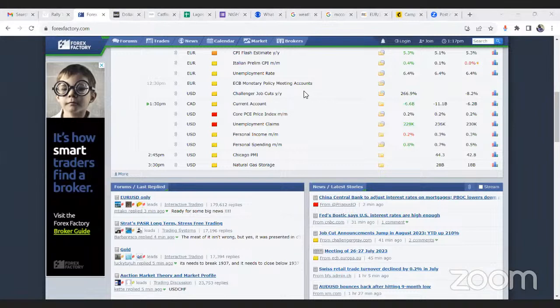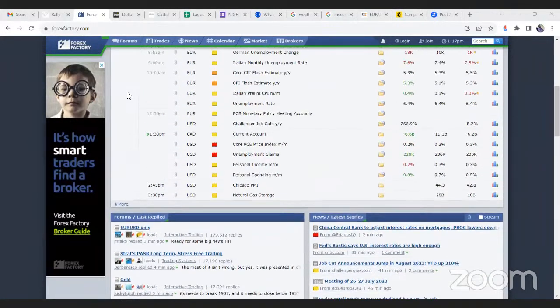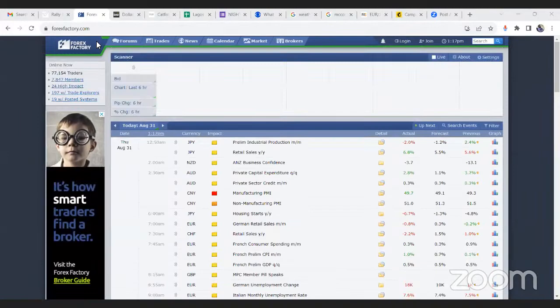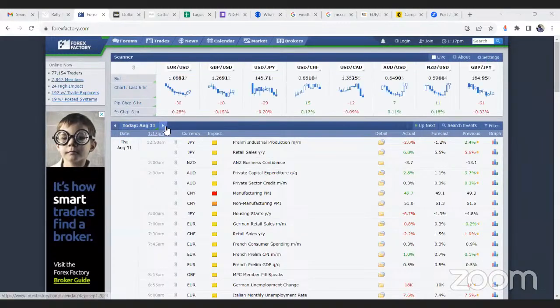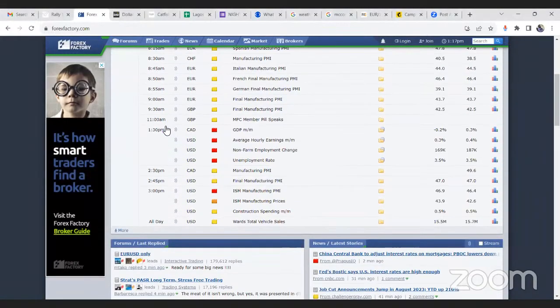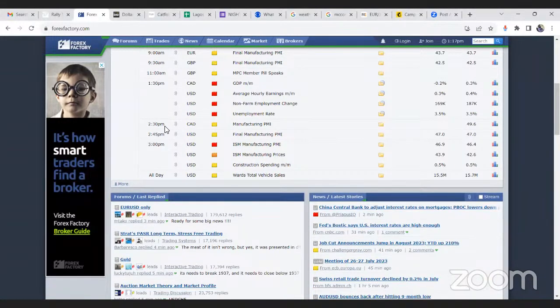So that said, what did I talk about when I was talking of NFP tomorrow being a very strange data that I expect to actually give a very good move tomorrow? This is NFP for tomorrow. You will notice that for this particular day, we have CAD giving their GDP data at around the same time that the dollar is giving its NFP data.